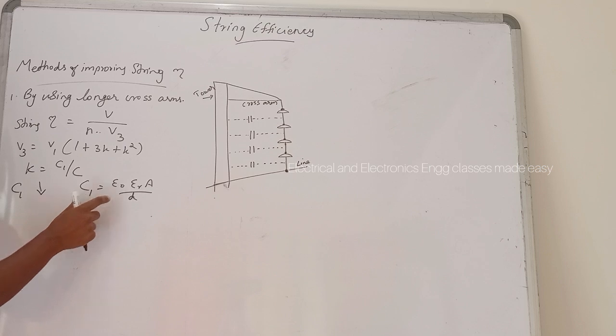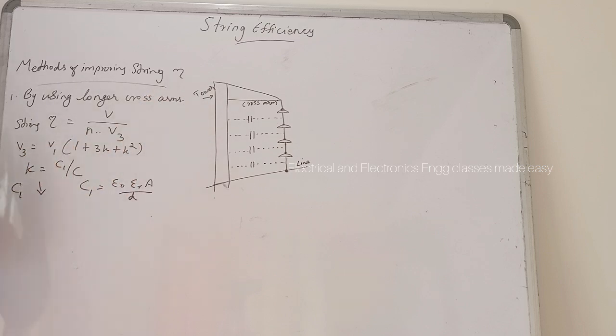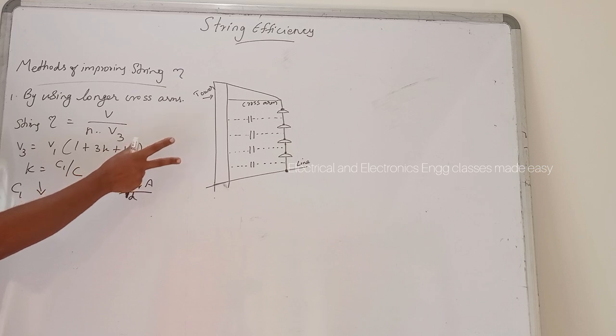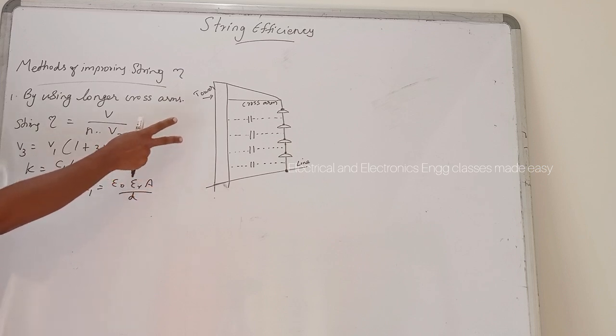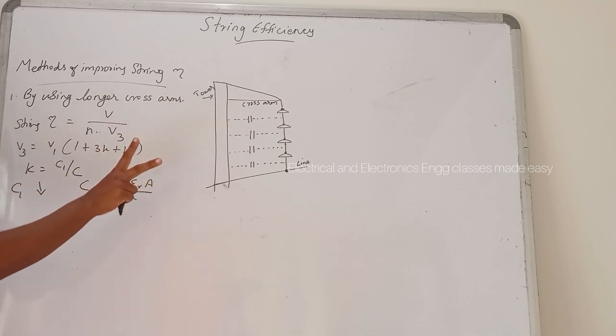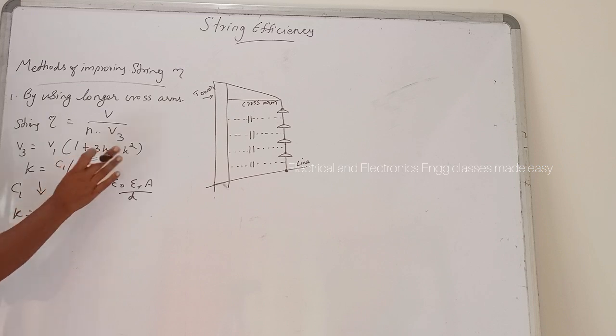So for that we have to use longer cross arms. But there are limitations of cost and strength of tower which do not allow the use of very long cross arms. So in practice, K equal to 0.1 is the limit that can be achieved by this method.